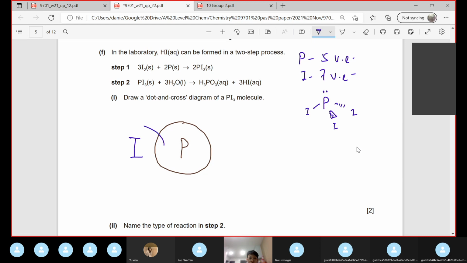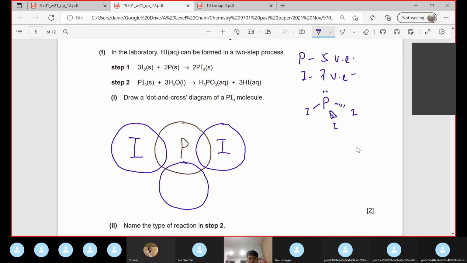Please remember to show overlapping. Then another I, and another I. Then show the electrons. When it comes to electrons, please use 2 different symbols, as you have P and I.